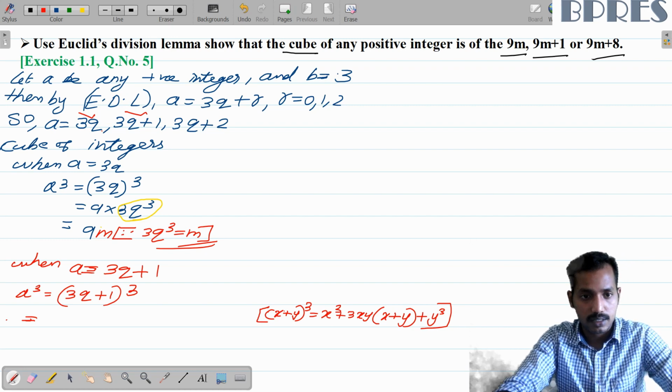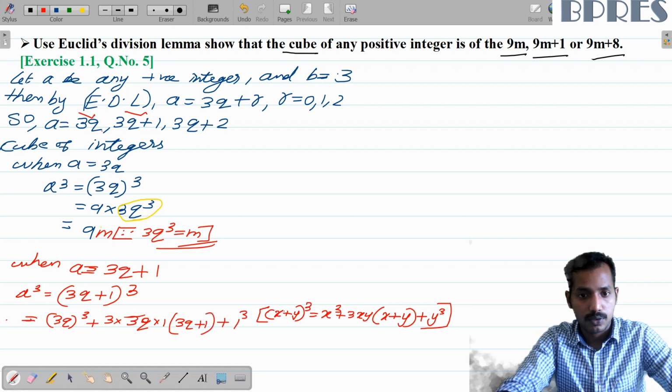So we will get 3q cube plus 3 into 3q into 1 into (3q plus 1) plus 1 cube.